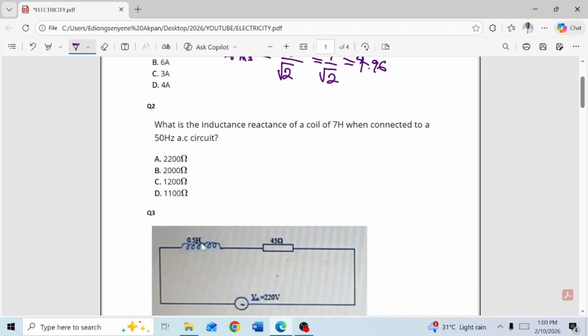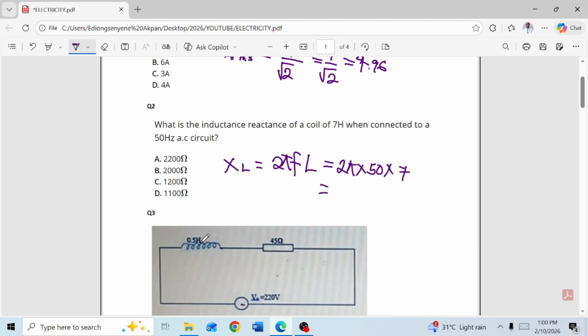What is the inductive reactance of a coil of 7 H when connected to a 50 Hz AC circuit? Inductive reactance is simply 2 pi FL. We have our 2 pi, they gave us frequency as 50, times the inductance 7.